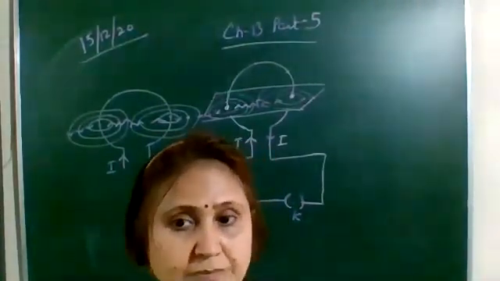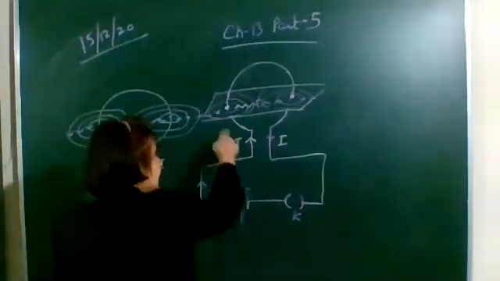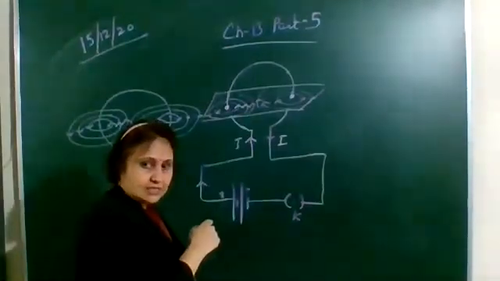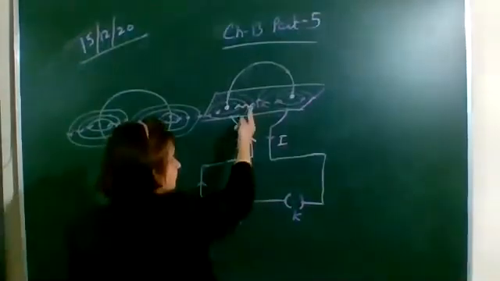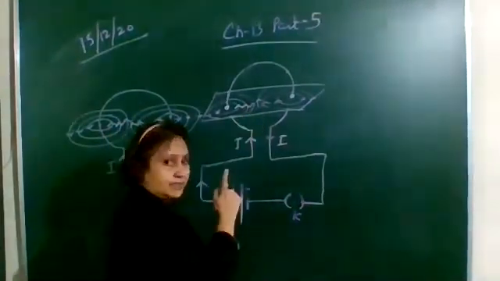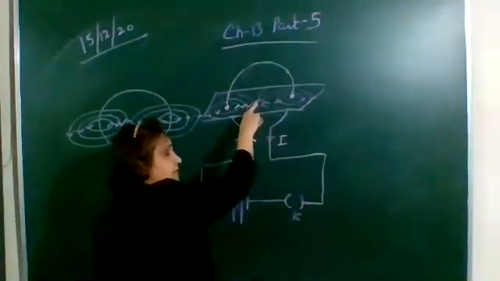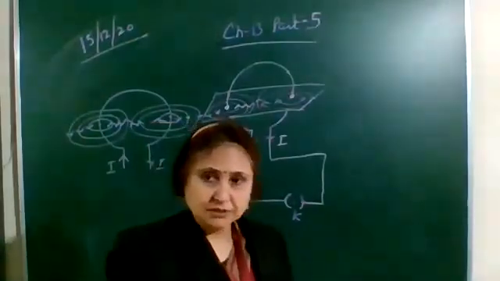It may be inwards or outwards, depending upon the direction of the current. If the current is in the clockwise direction, it will be inwards at the center. If the current is in the anti-clockwise direction, the direction of the magnetic field will be reversed, and at the center it will be perpendicular to the plane of the board, outwards.